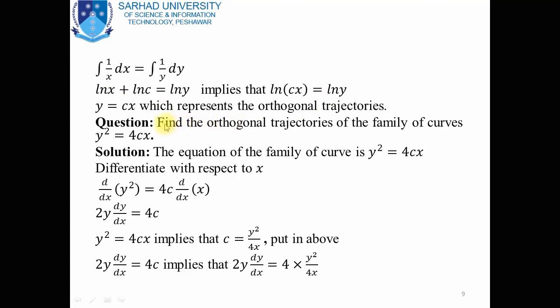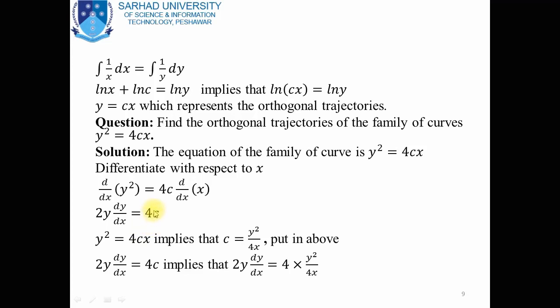Now another problem: find the orthogonal trajectory of the family of curves y square is equal to 4cx. So first of all, find the differential equation of this family of curves. We get 2y dy by dx is equal to, the derivative of x is 1, so we get 4c.